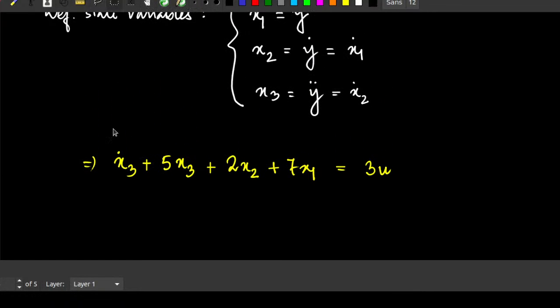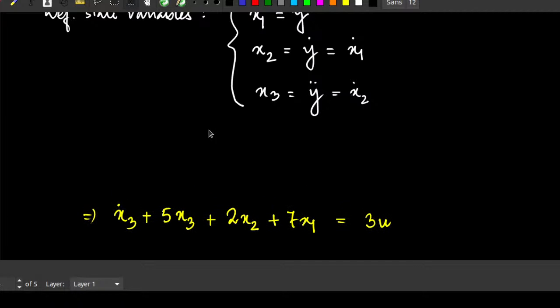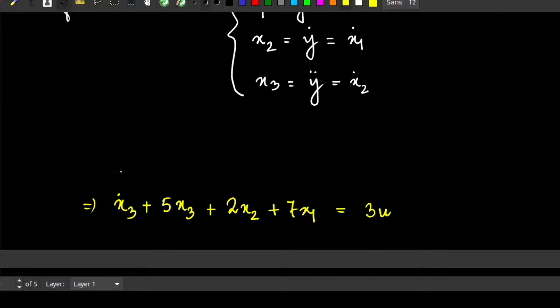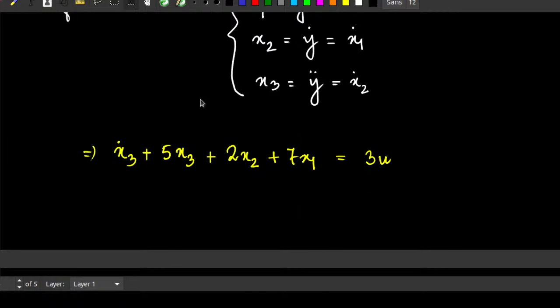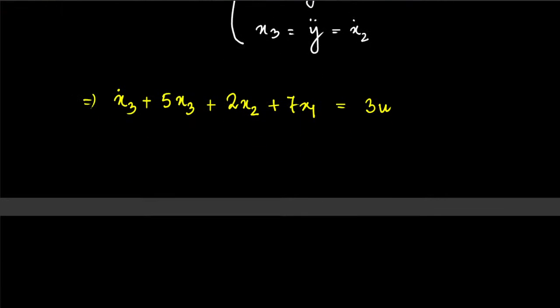Because here we just need to write two more equations on top of this. So this differential equation easily becomes x3 dot equals minus 7x1 minus 2x2 minus 5x3 plus 3u.